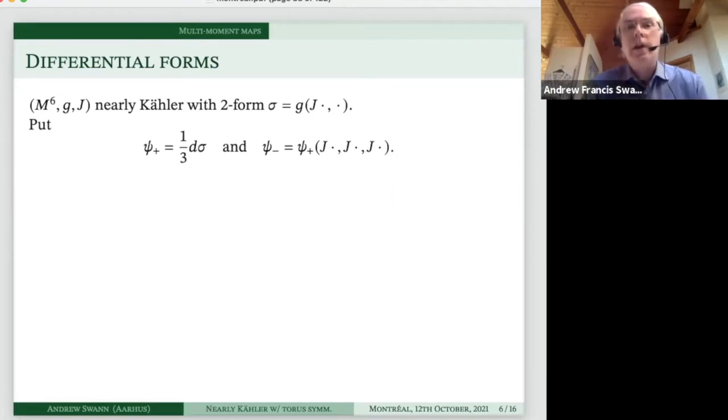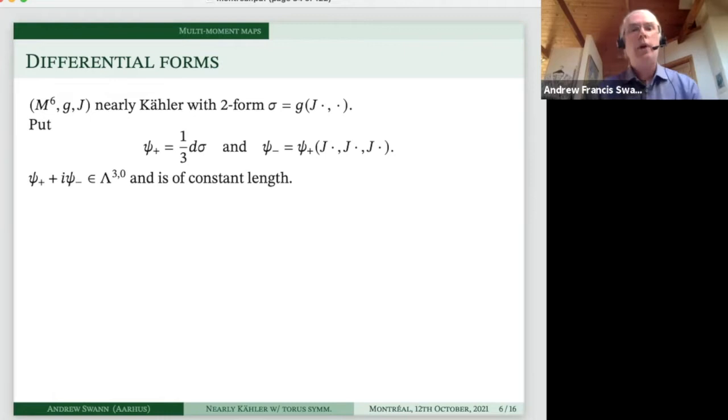And then the nearly Kähler condition, well, in any case, you can take d of sigma and get a 3-form, which you will call psi plus. There's a convention to scale this by a factor of 3. And you can put J into every slot in psi plus and get another 3-form, psi minus.